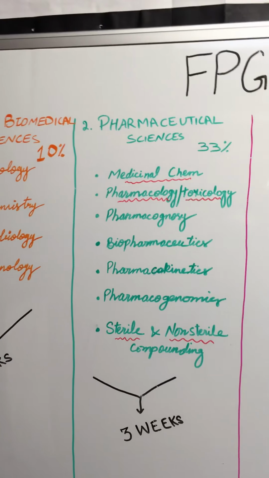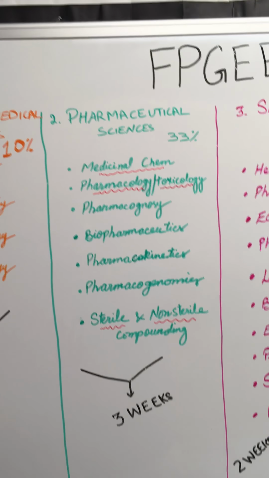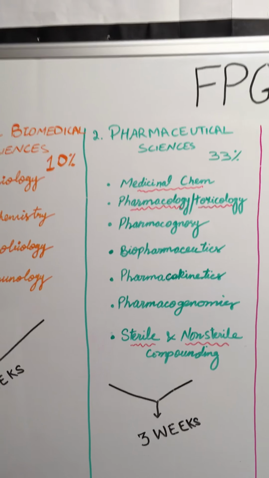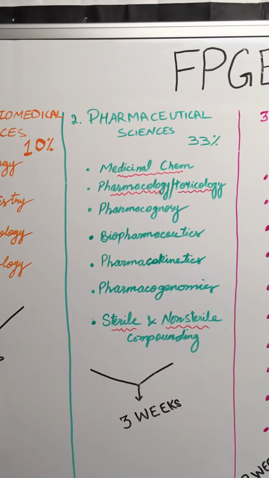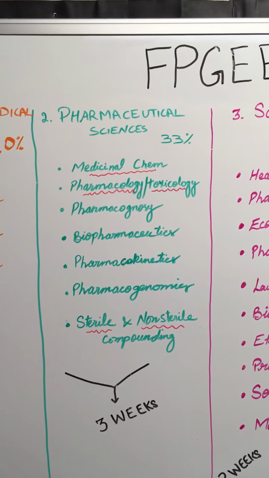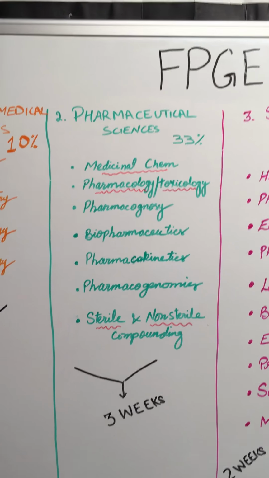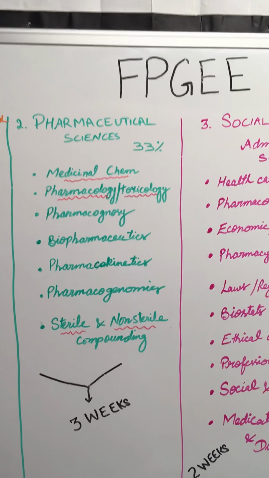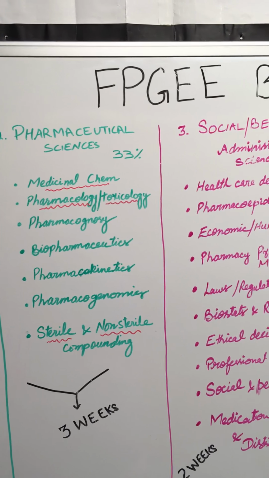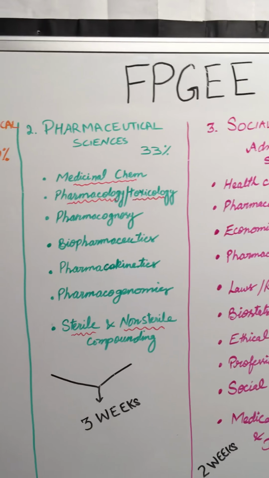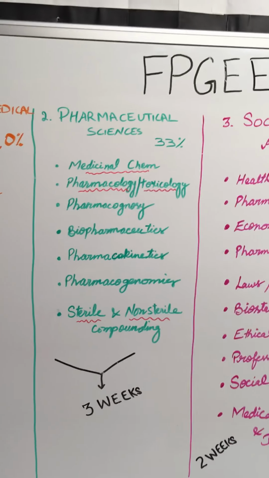Again, pharmaceutical sciences might take you more than 4 weeks, which is not bad, but you need to know everything. When I say everything, I'm actually talking about the APhA book for pharmacy, for FPGEE review. You need to know everything in that book. That is the first book you need to master. You can go for other study sources, but that book is in my mind when I'm talking about these topics.